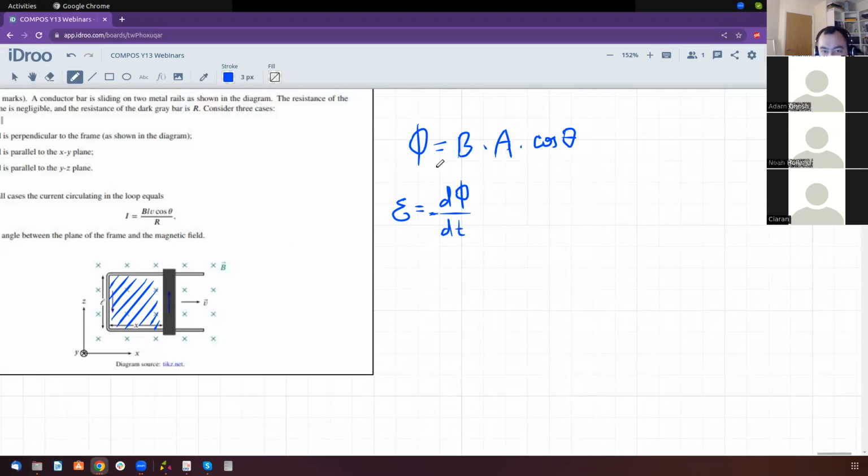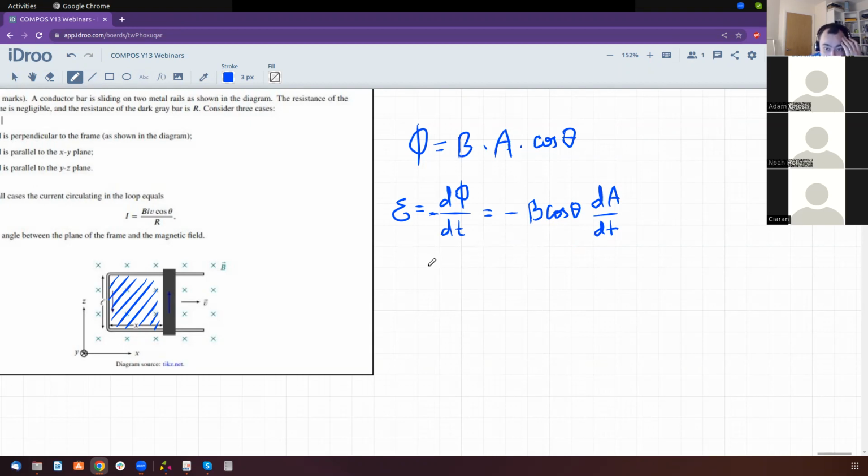Now, how do we differentiate that? Well, B is constant. Cosine is constant. A is not constant. So that's going to be minus B cos theta multiplied by dA dt. Does that make sense to everyone? Because when you differentiate, you can take the constants out. And what's dA dt?